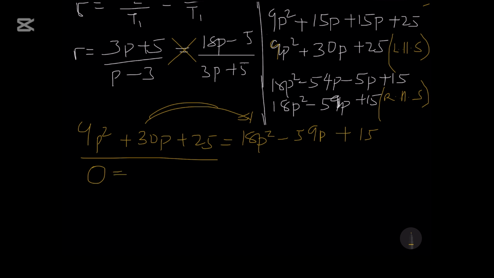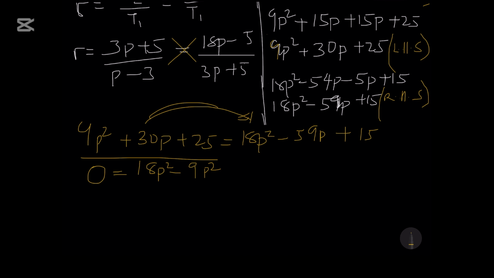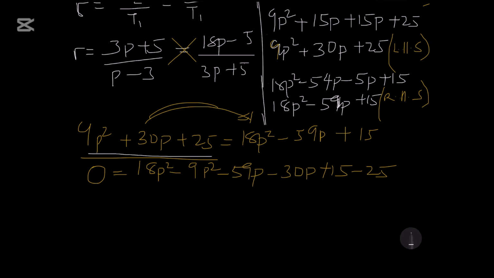So we're having 18p square, we are arranging, minus 9p square, then minus 59p minus 30p plus 15 minus 25. So what we did is that we moved everything here to the right hand side. So moving everything to the right hand side, every term with positive will become negative, every term with negative will become positive.